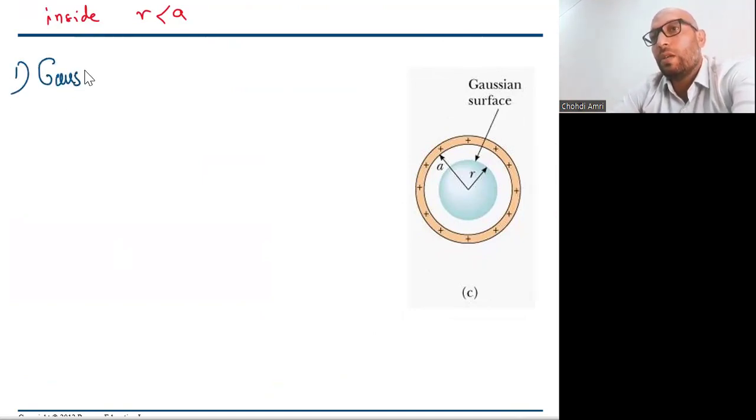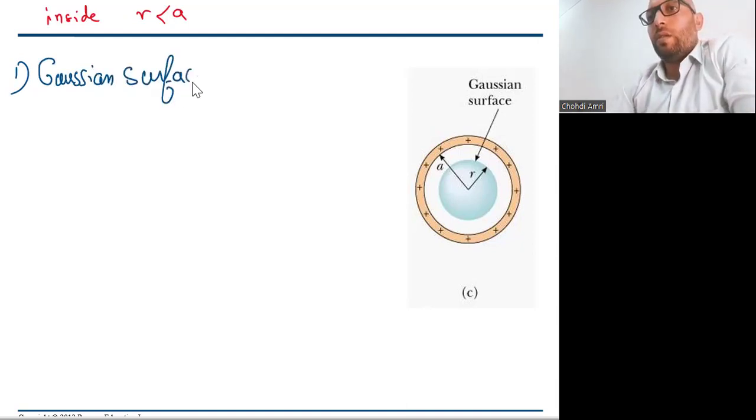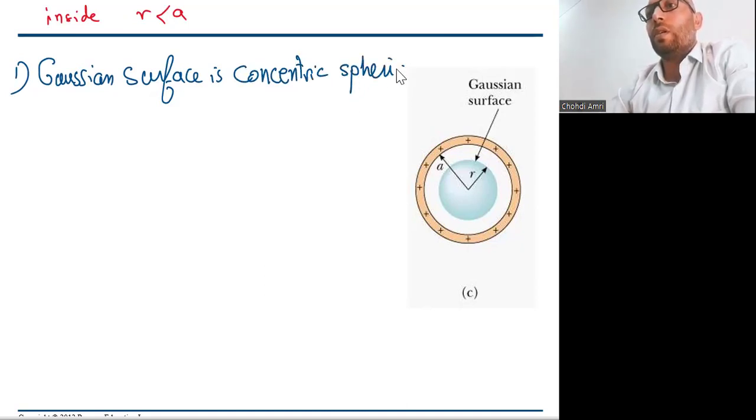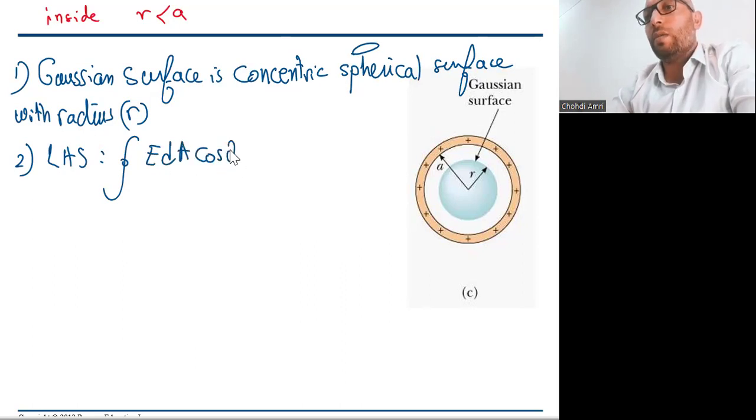The Gaussian surface is a concentric spherical surface with radius r. Second step, left-hand side, which is equal to the integration of E dA cosine theta.